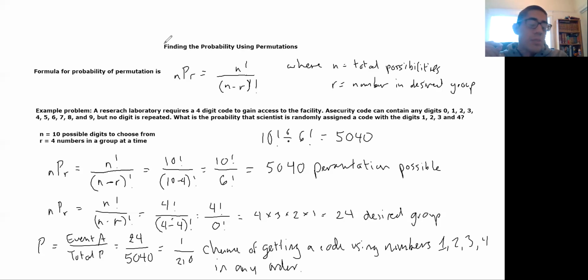Because what ended up happening here is the 6 factorial, 6 times 5 times 4 times 3 times 2 times 1, canceled out with the 6 times 5 times 4 times 3 times 2 times 1 of the numerator. And what's left over is just 10 times 9 times 8 times 7, and that's all that's left of the 10 factorial. When you multiply those numbers, we get 5,040.